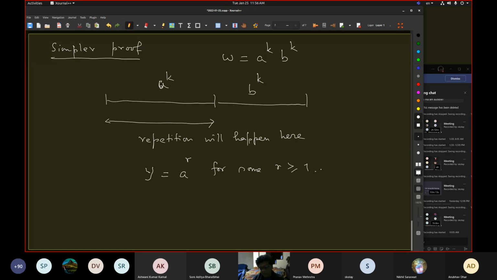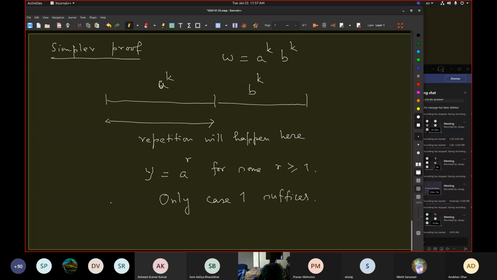There is no need to consider case 2 and case 3. Whether pumped in or out, there will be either a surplus of a's or a deficit of a's. So now case 1 suffices. Happy?